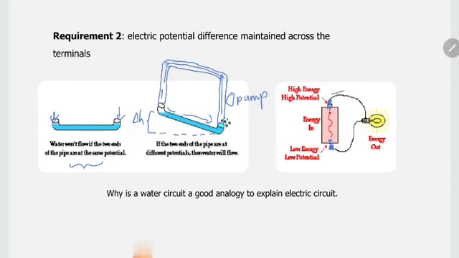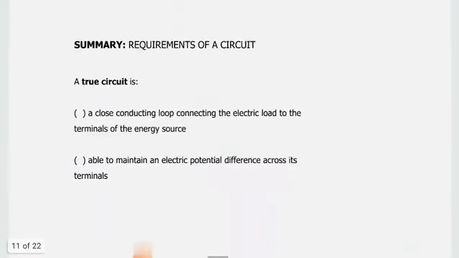Okay? Now, once the battery runs out of chemical energy, it can no longer maintain its terminals as positive and negative. So now the charges will no longer be able to flow. Your light bulb doesn't work in this simple circuit. Okay? That's the importance of potential difference.